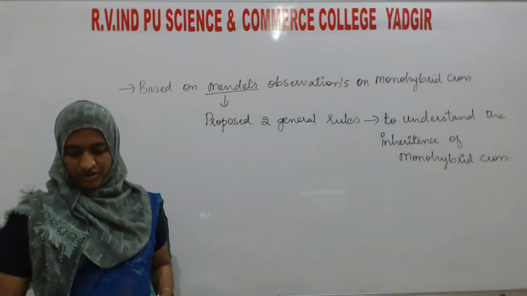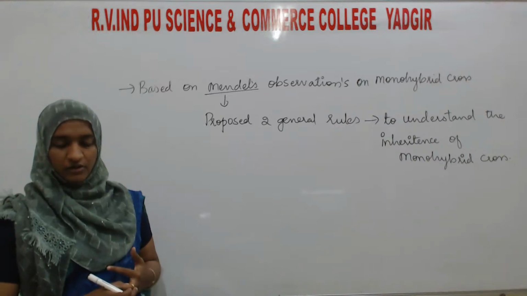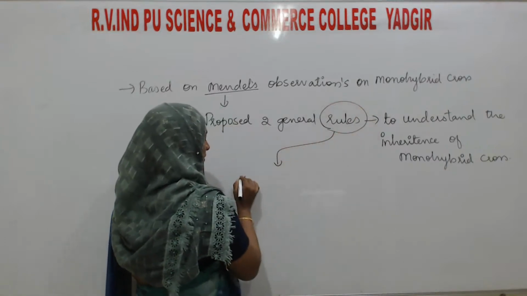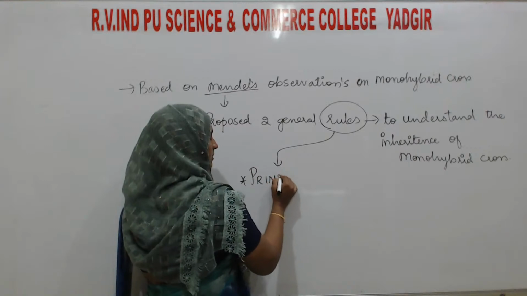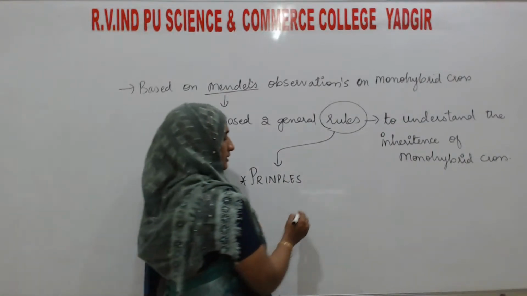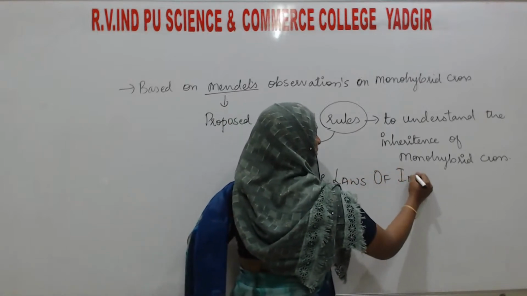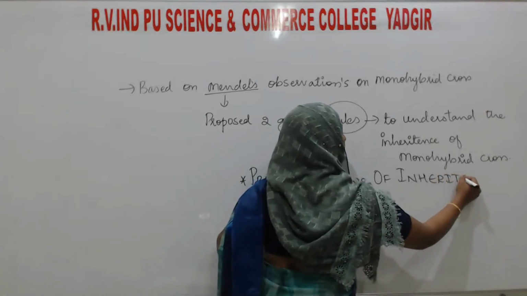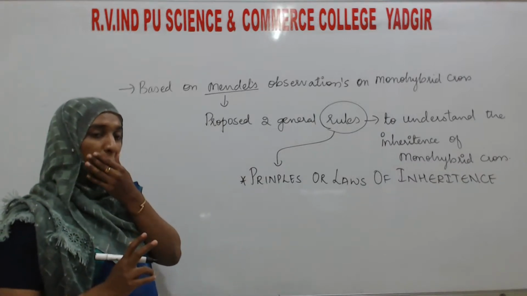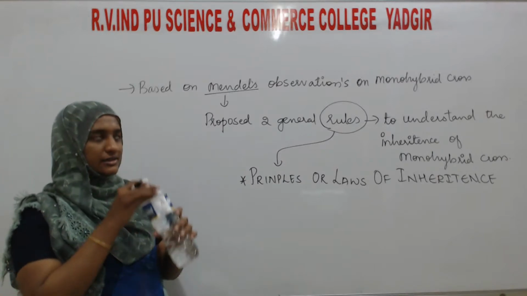To understand that, he proposed two rules, and these rules are known as the principles or laws of inheritance.